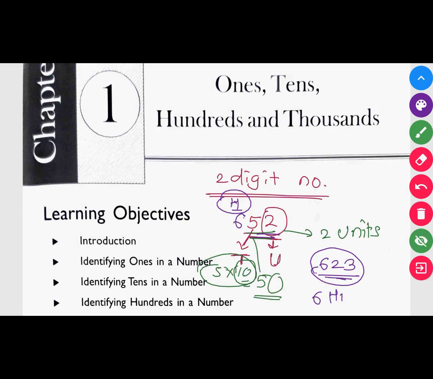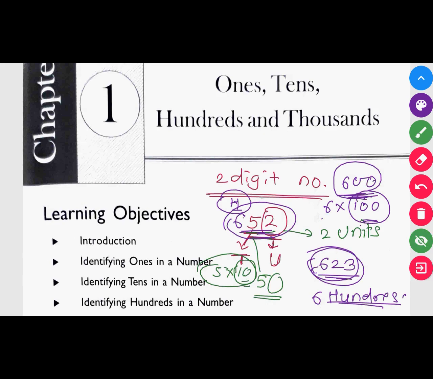There are 6 hundreds. Why? Because if we don't consider the 5 and 2 and just consider 600, you can see that 6 times we take a group of 100 to become 600. So there are 600s in the number 652.